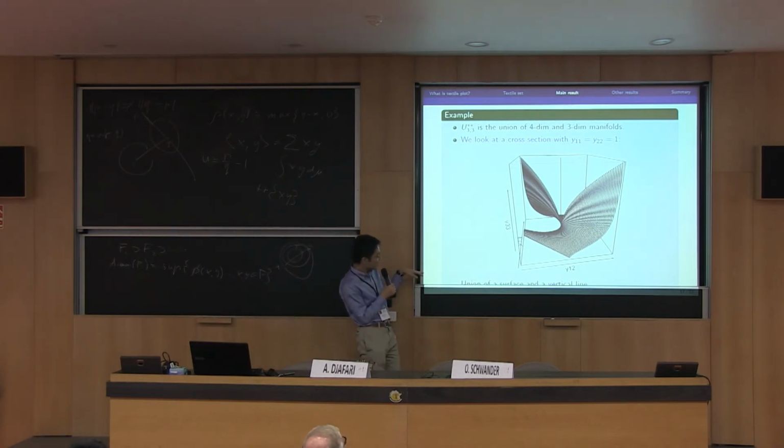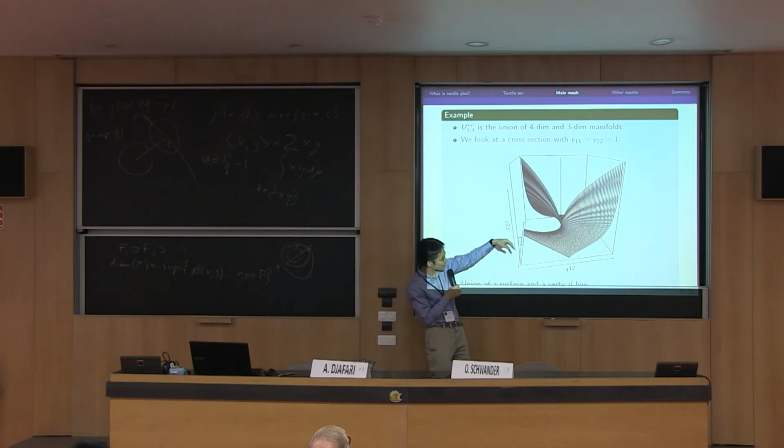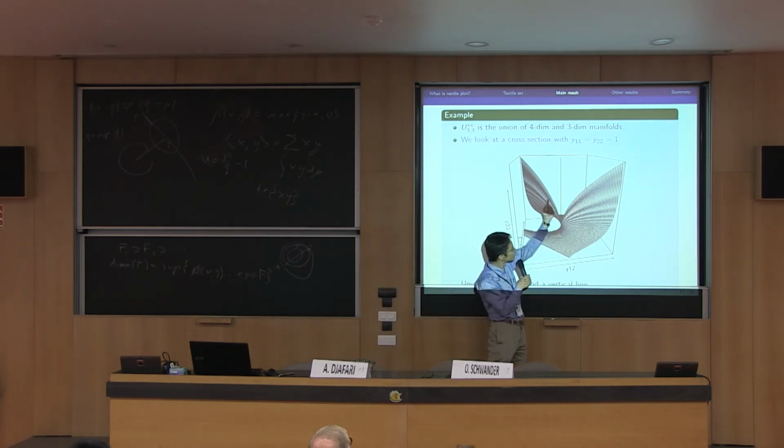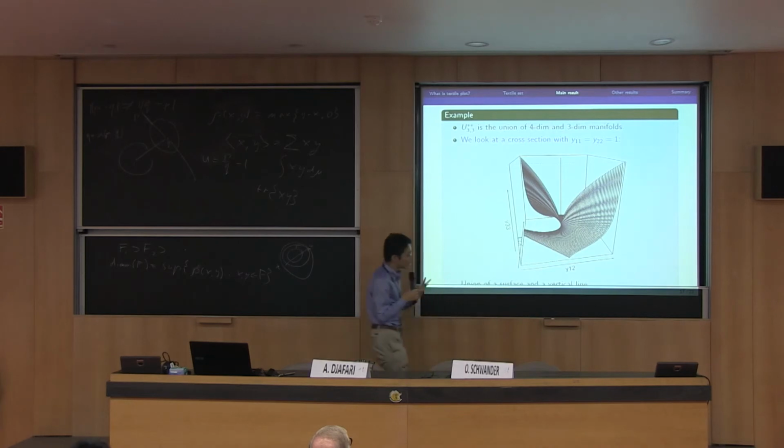This consists of a surface, something like this surface, and a vertical line here. So they are two manifolds.